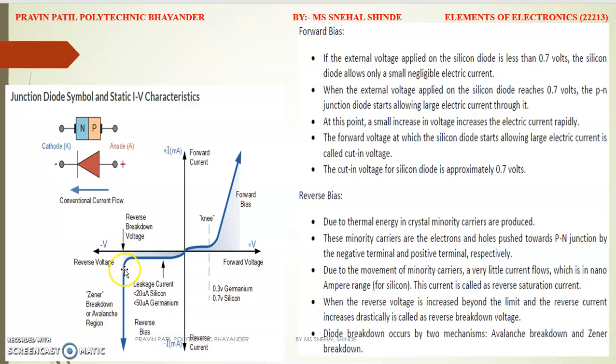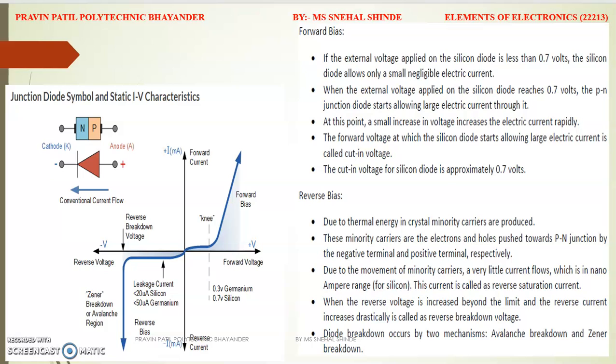As soon as the breakdown voltage is reached, suddenly the current through the PN junction diode increases, and this region is called the Zener breakdown region or the avalanche region.